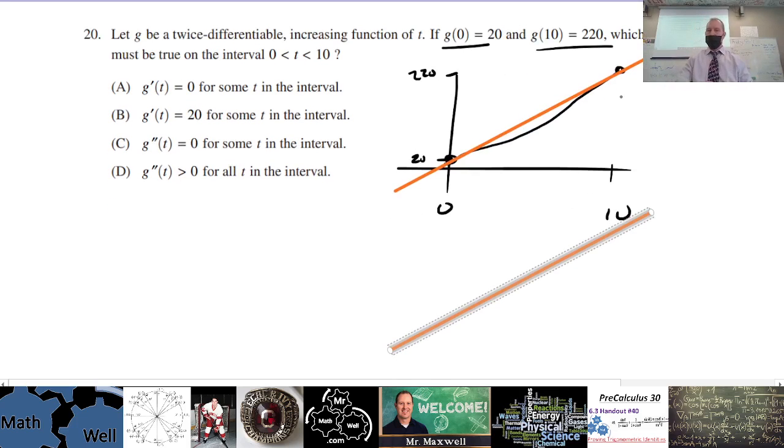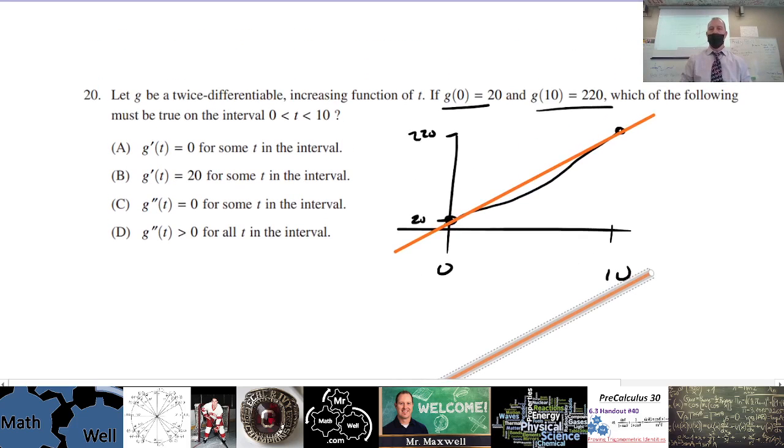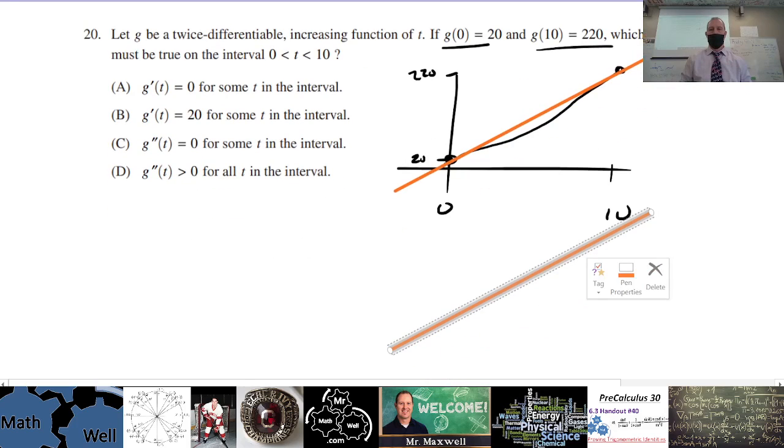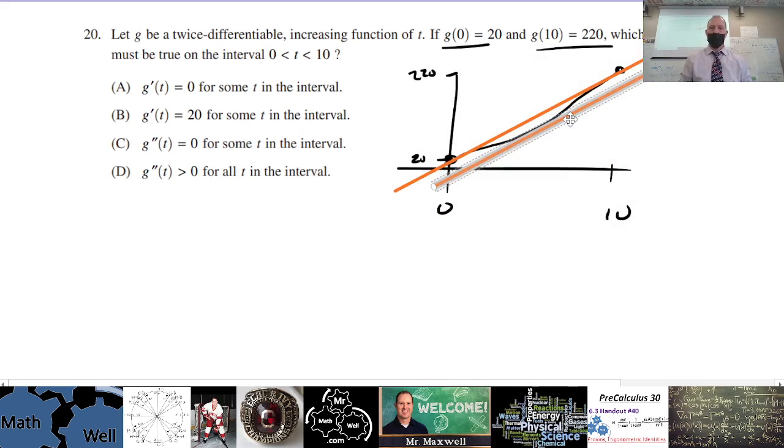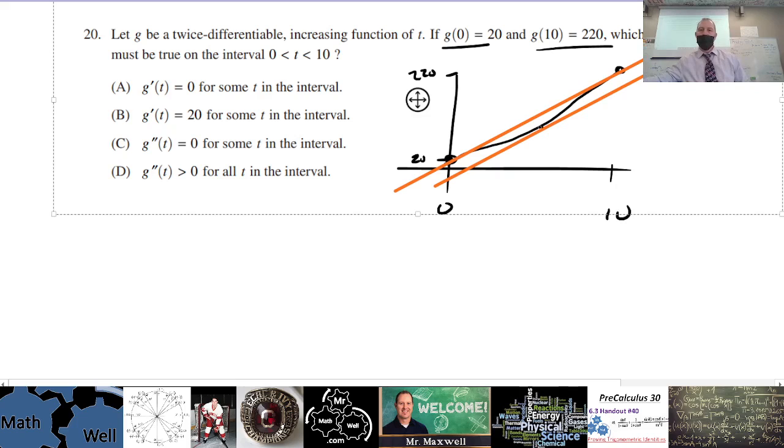So what does the MVT theorem tell us? That there must be what? Somewhere on this graph, there has to be a tangent line at some point that has to be equal to the slope of the secant line connecting the endpoints.